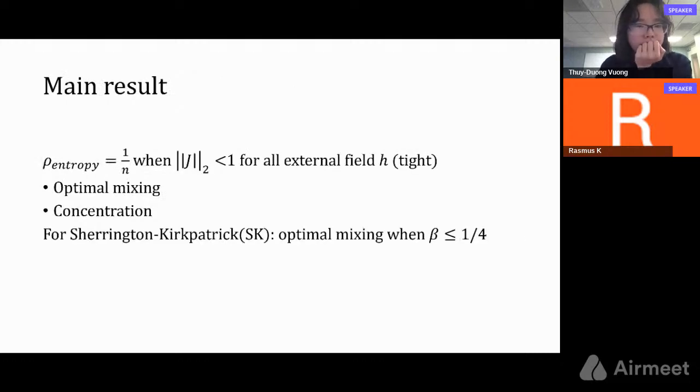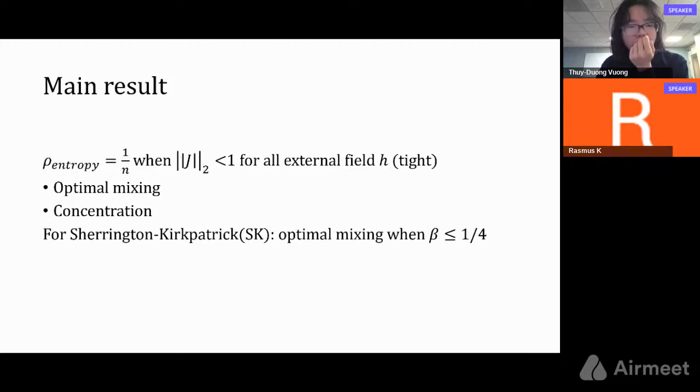Here is our main result: we prove that the entropy conduction is of order 1/n, up to some constant factor, maybe 1/100n, when the spectral norm of the interaction matrix J is strictly less than 1.